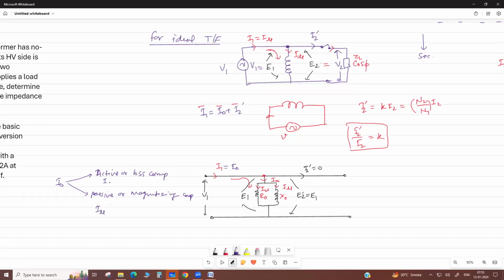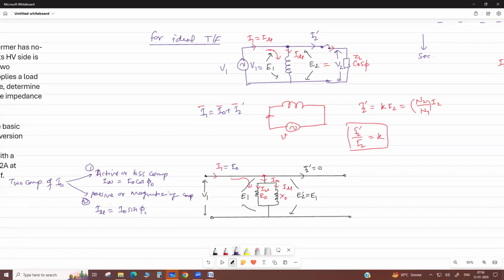This is I omega, which is I naught cos phi naught. This is I naught sin phi naught. Please note, these are the two components of I naught, I naught cos phi naught and I naught sin phi naught. It is a very important question.